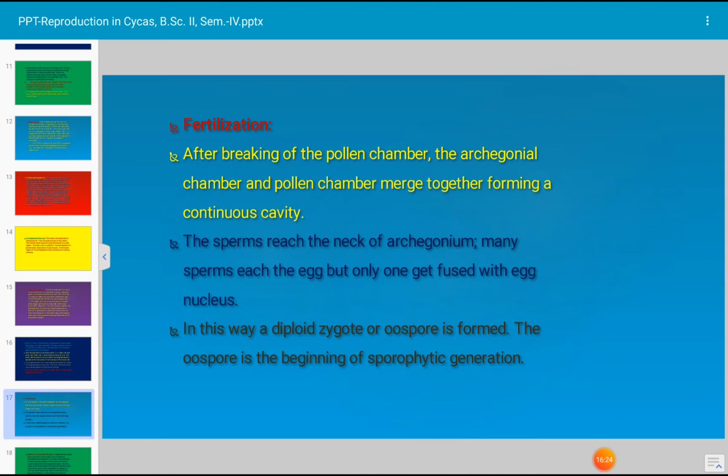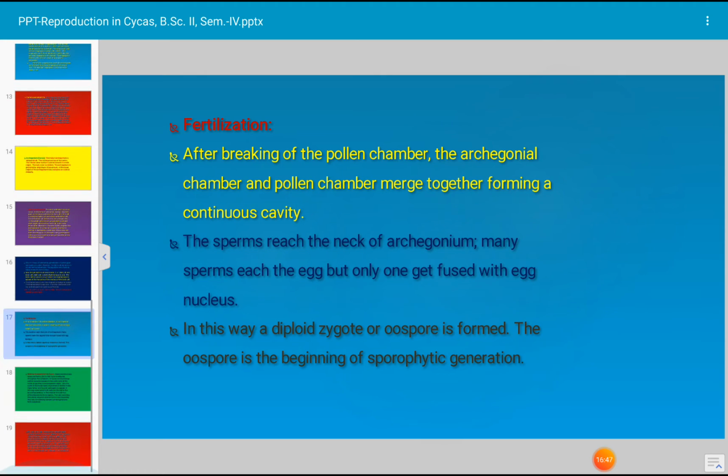The sperms reach the neck of the archegonium. Many sperms reach the egg, but only one fuses with the egg nucleus. In this way, a diploid zygote or oospore is formed after fertilization. The oospore is the beginning of the sporophytic generation.